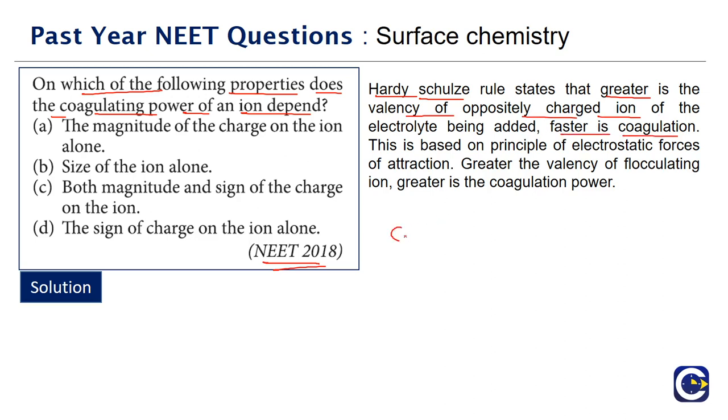Means charge value is going to be determining the coagulating power, and also the ion must be oppositely charged.